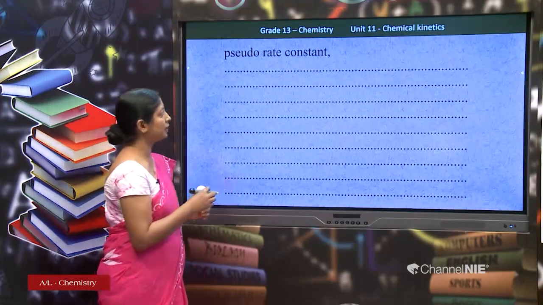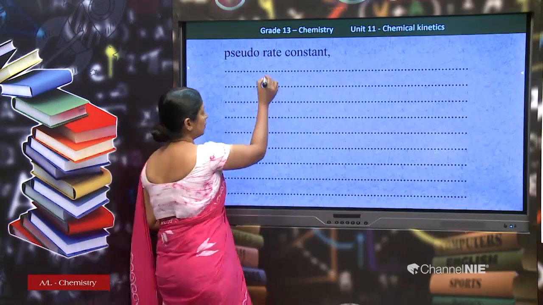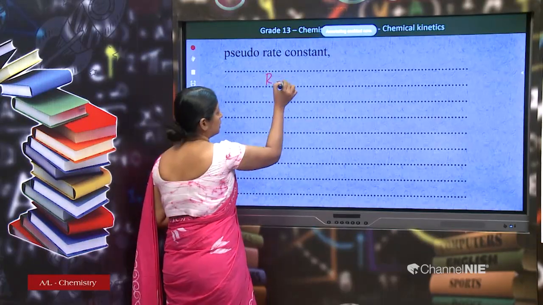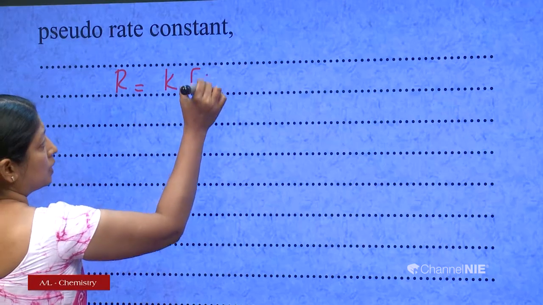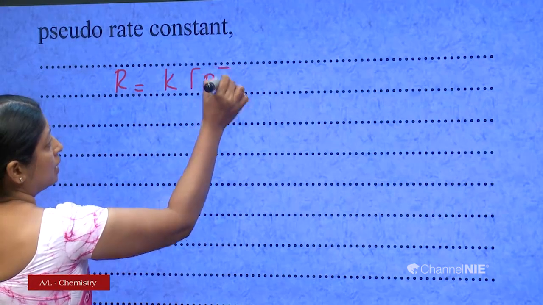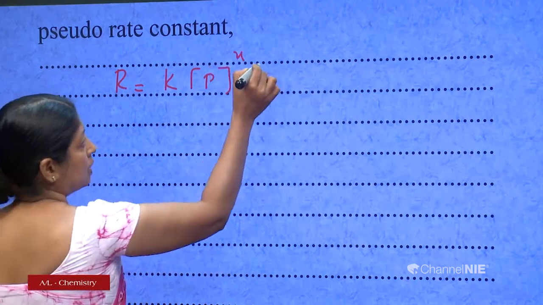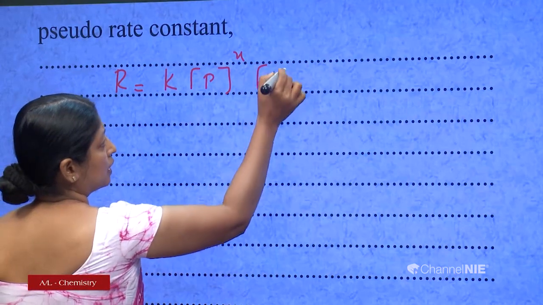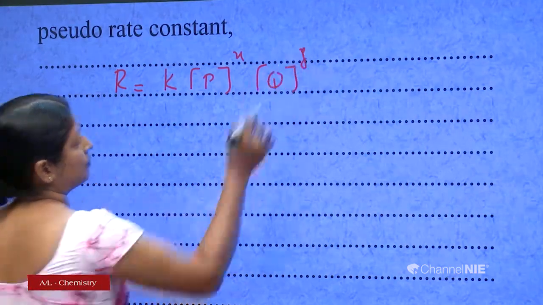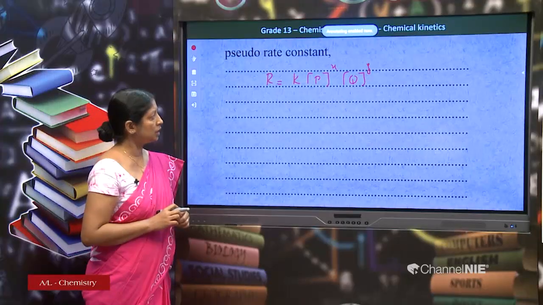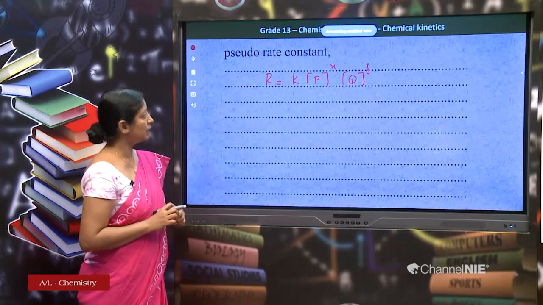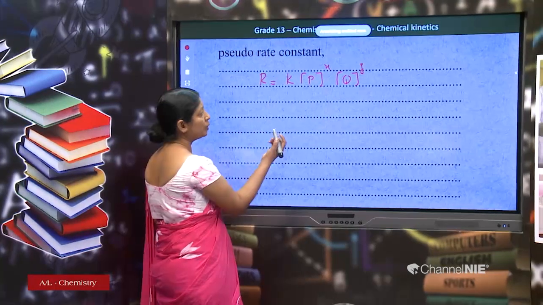Let us write the rate expression for this reaction. Reaction rate equals rate constant into the concentration of the first reactant P to a certain power, into the concentration of the second reactant to a certain power. And in these two, we came to know the one which has a very high concentration is Q. So, I am going to rearrange this.